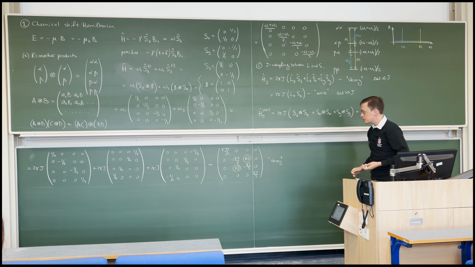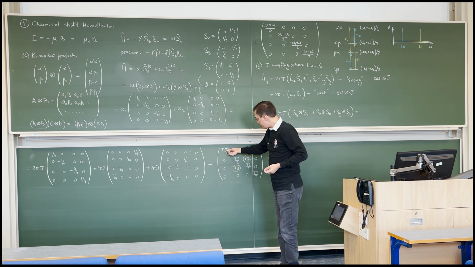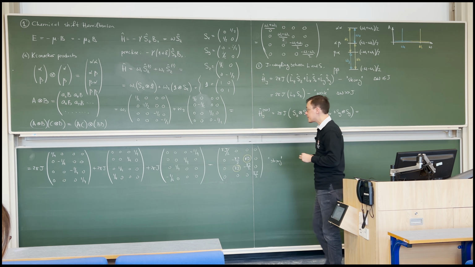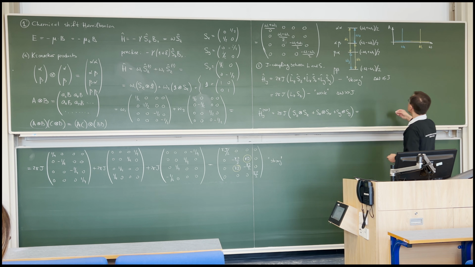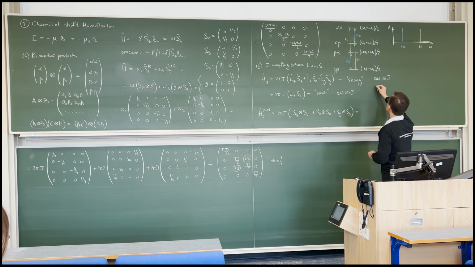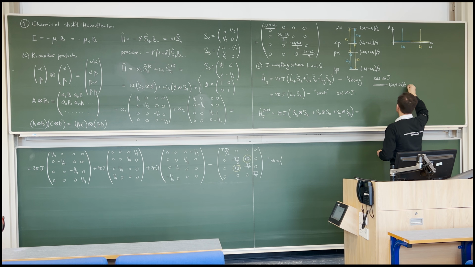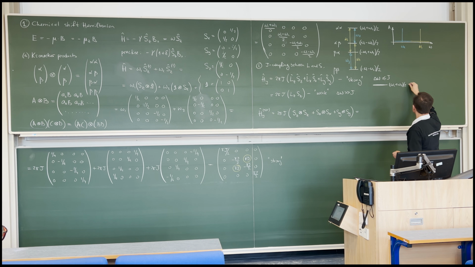Let's assume J is positive. Our top energy level has gone somewhat up. So the new energy diagram here somewhere, we have that energy. It is omega 1 plus omega 2 over 2 plus pi J over 2.